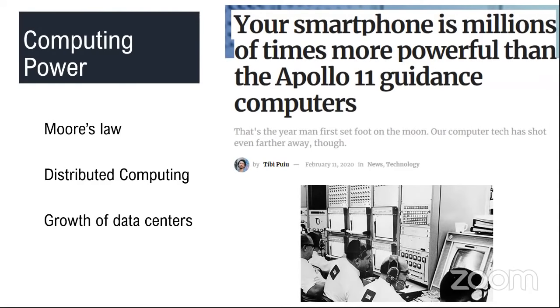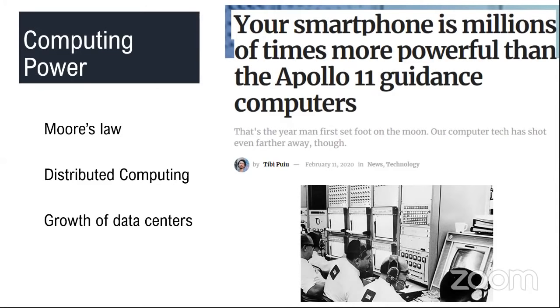The other one is growth of data centers. I'm saying this is one of the big factors because today you don't need to own and maintain an expensive compute infrastructure anymore. We can just rent it out as needed and give it back when our computation is done, right?